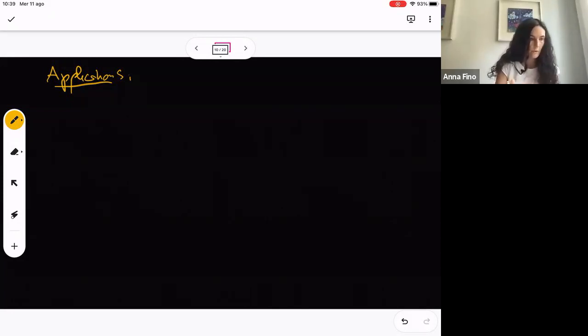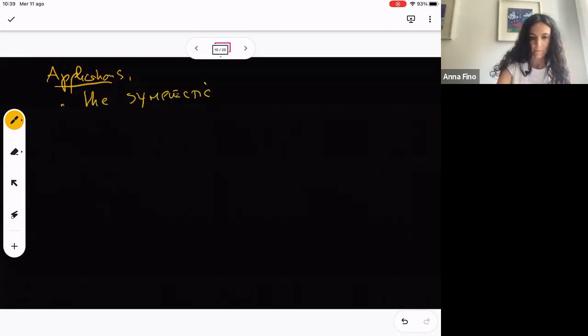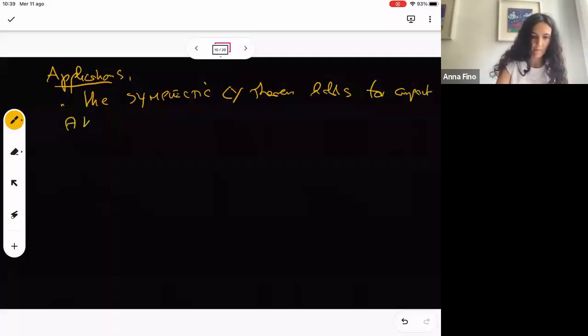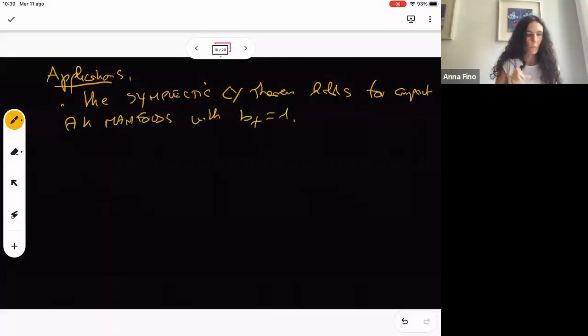As an application, if that conjecture is true, then the symplectic Calabi-Yau theorem holds in particular for compact almost complex manifolds with b plus equal to 1. Here b plus is the dimension of the space of self-dual harmonic forms.